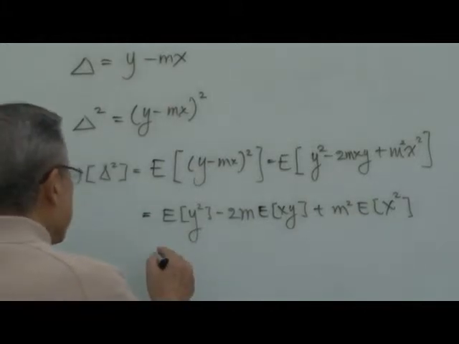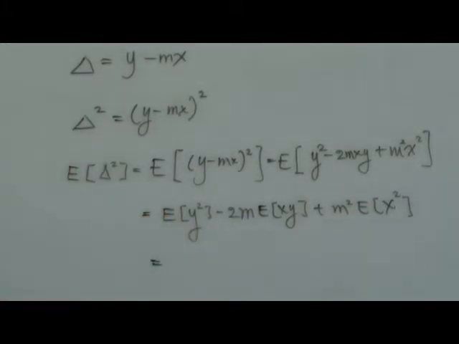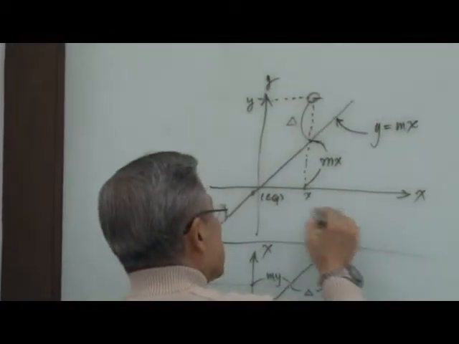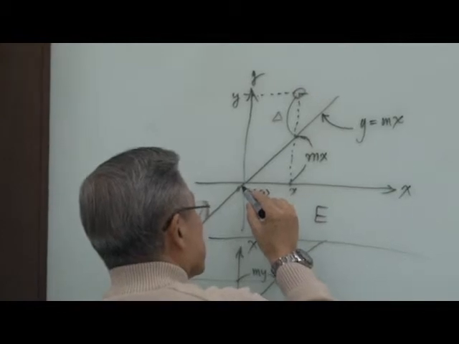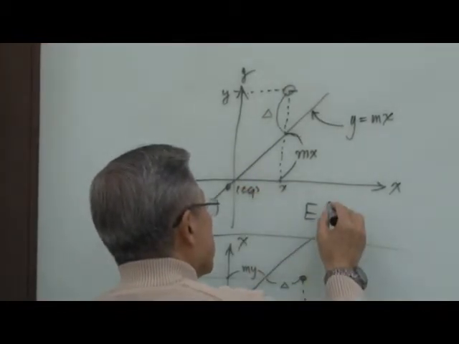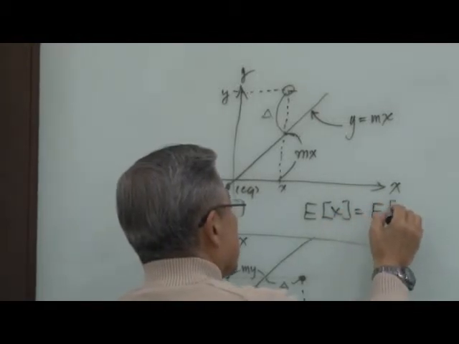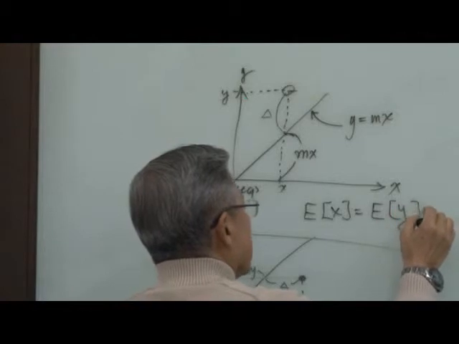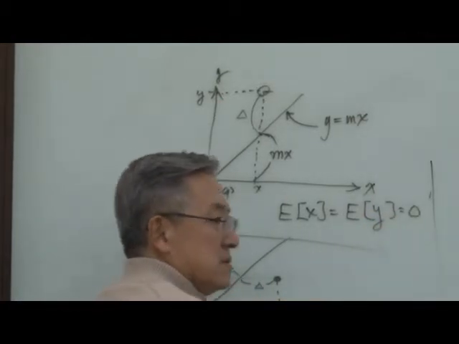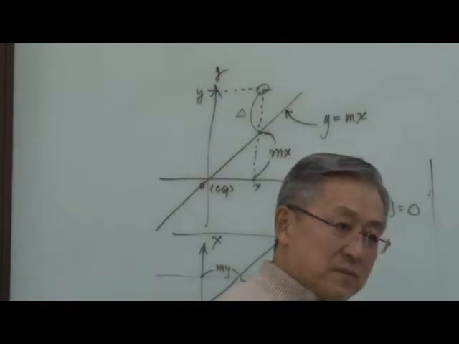Then this is equal to, what do you call that? Now over here, we shifted the center to the O, point O, the origin. So I can say Ex is equal to Ey is equal to 0. Can I do that? Of course, right? We shifted, right?